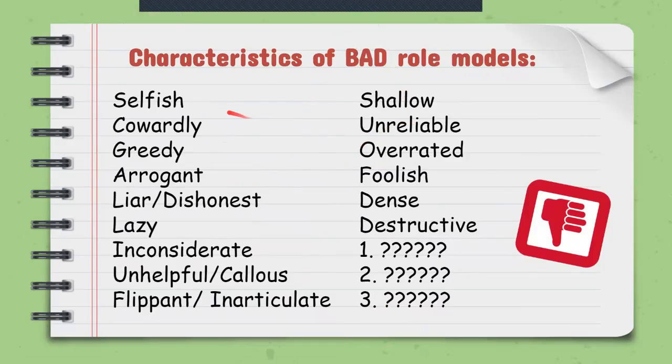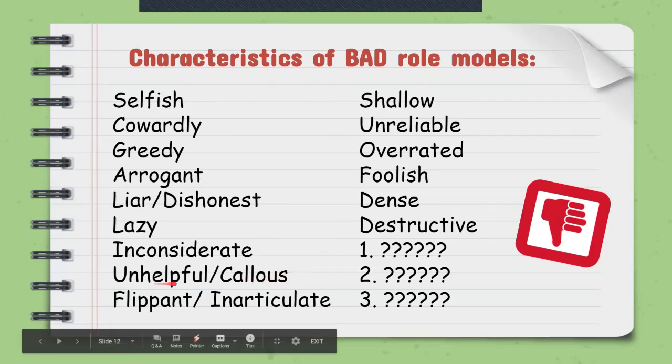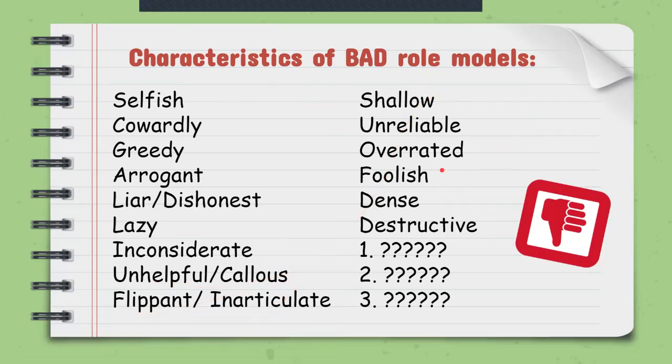Bad role models can be selfish, cowardly, greedy, arrogant. They can be a liar or dishonest, lazy, inconsiderate, unhelpful, callous, flippant, inarticulate, shallow, unreliable, overrated, foolish, dense, destructive.